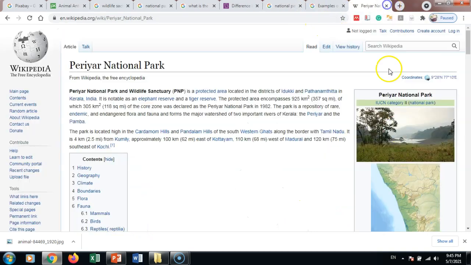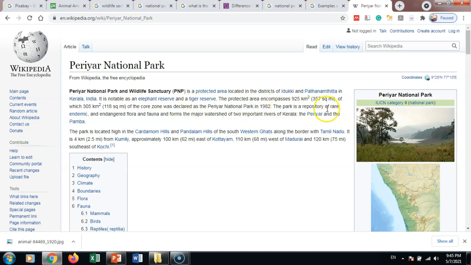Let's see Periyar National Park and Wildlife Sanctuary, both are present here. It is a protected area located in the districts of Idukki and Pathanamthitta in Kerala, India, notable as an elephant reserve and a tiger reserve.